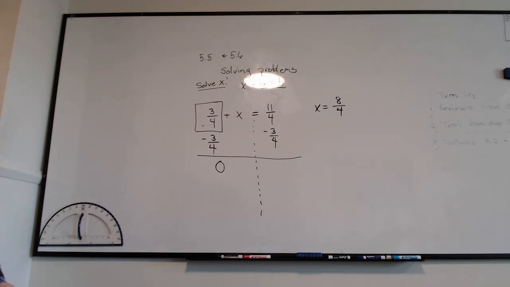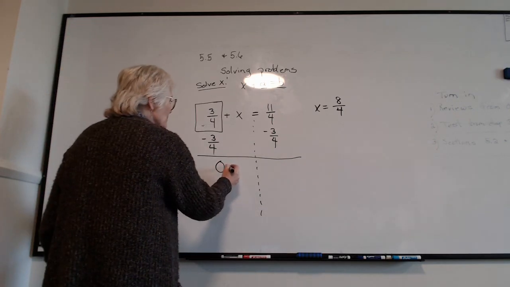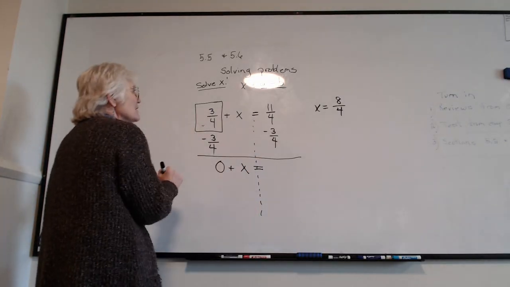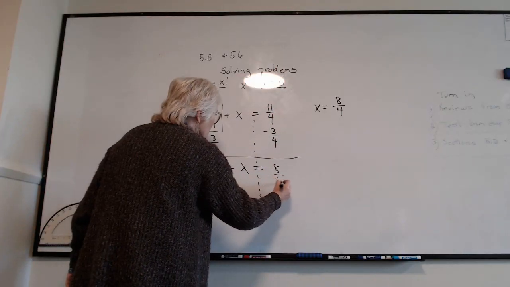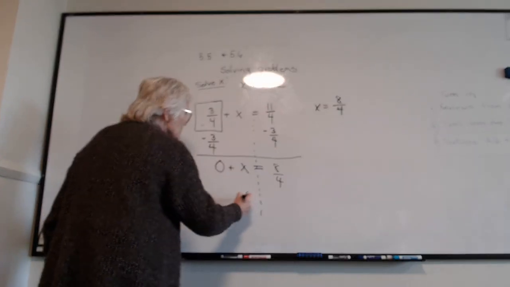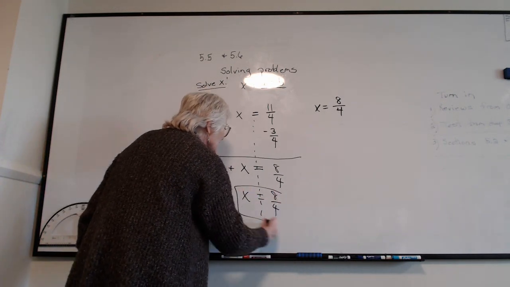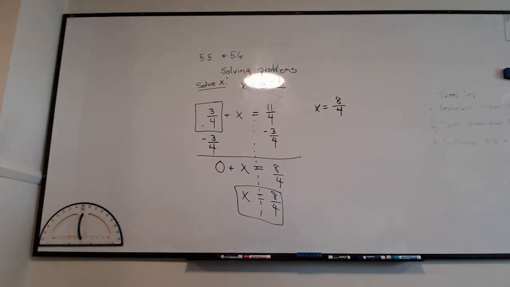Okay, so that gives me 0 plus x equals, my equal sign always goes on the dotted line, and if I take 11 minus 3, I do get 8/4. I don't need to write the 0. We say x is equal to 8/4, which again is what you guessed just looking at it.